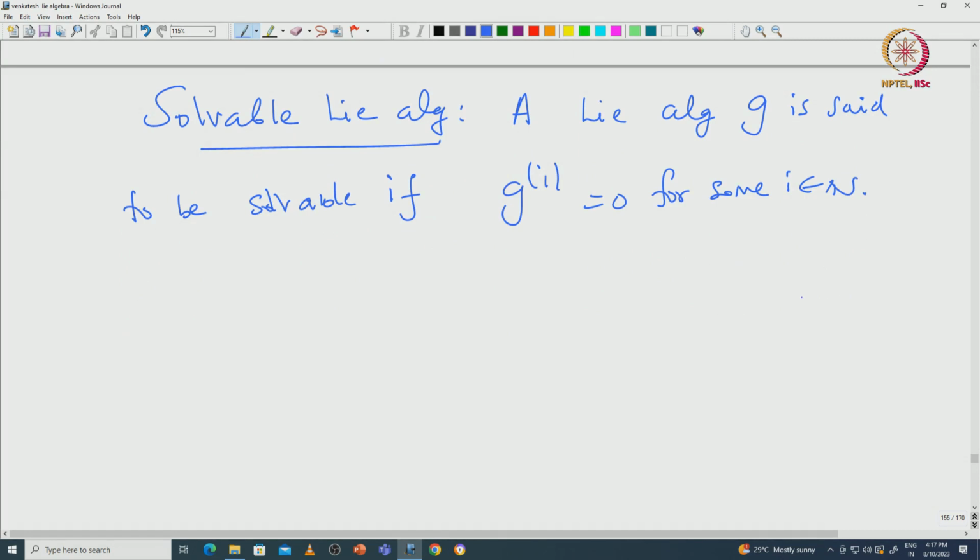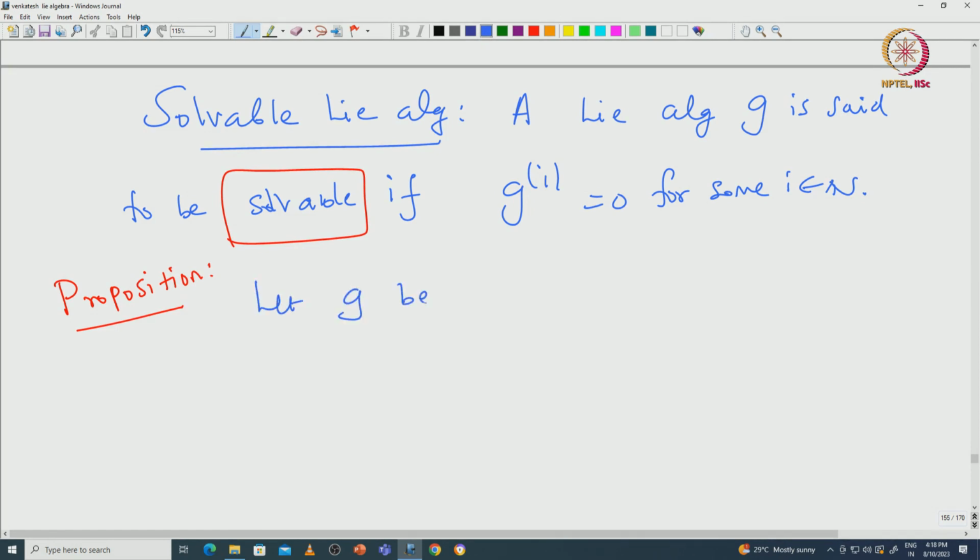Now let us prove some basic properties of these solvable Lie algebras. So, here I will make a proposition. We can prove the following.